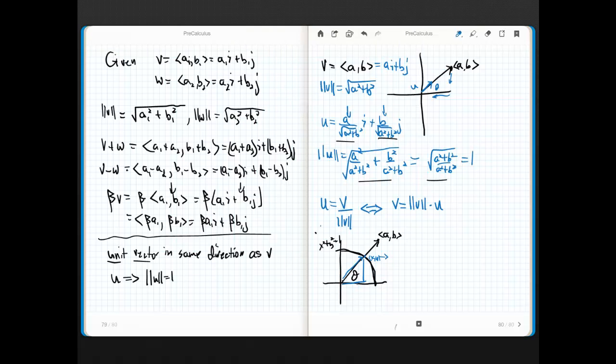If this is x comma y, then isn't x going to be equal to cosine of theta, right? And y is going to equal sine of theta, correct? So can I think of this as being the magnitude of v times, now remember, these are horizontal and vertical components of this vector that I'm trying to make.